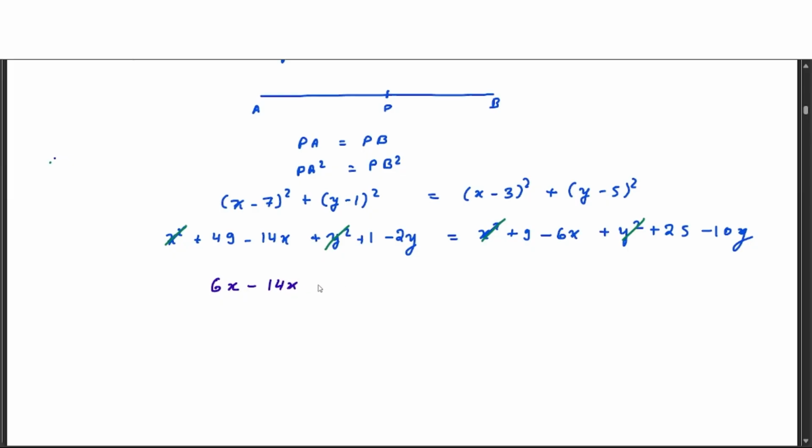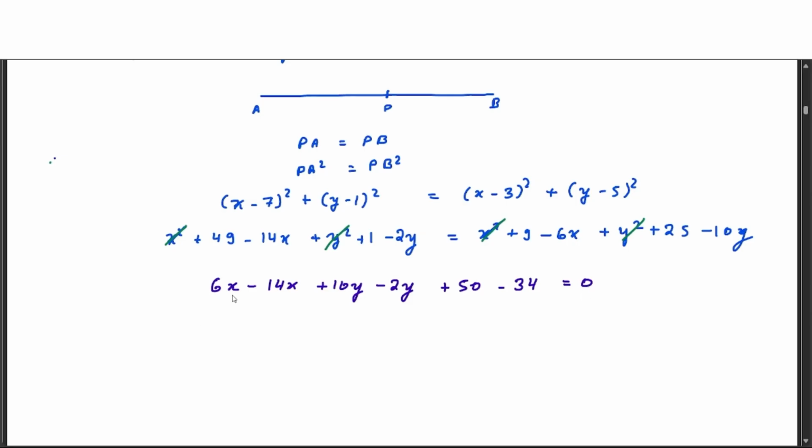Same here you will get plus 10y and minus 2y. Now after that you can say here plus 50, 49 plus 1 is 50, and here you will get how much, minus 34 is equal to 0.